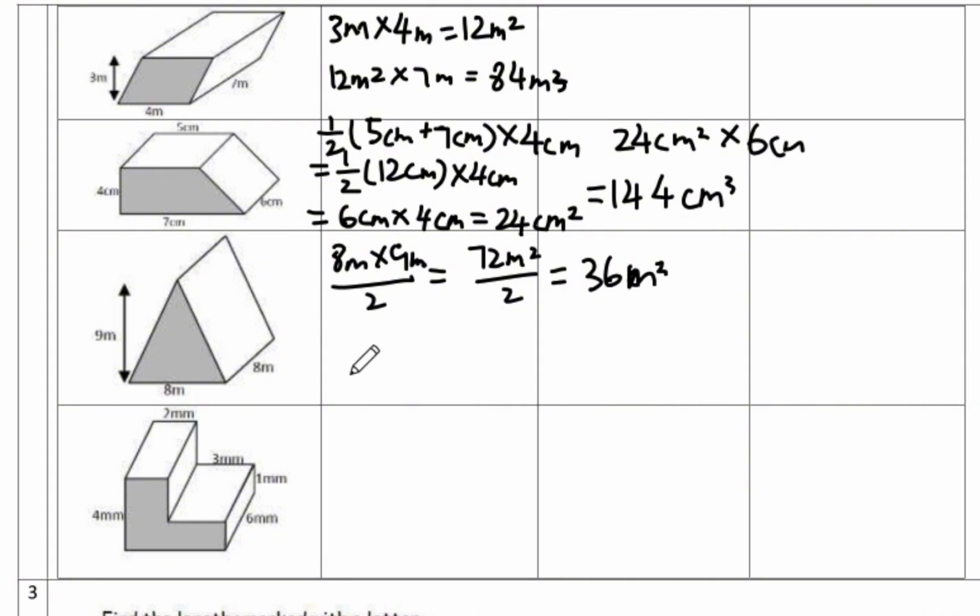And 36m squared multiplied with 8m would equal to 288m cubed.